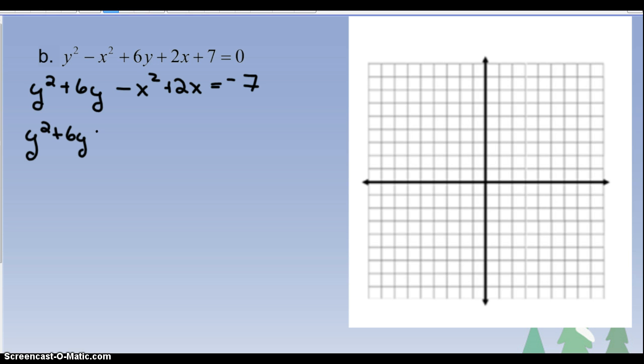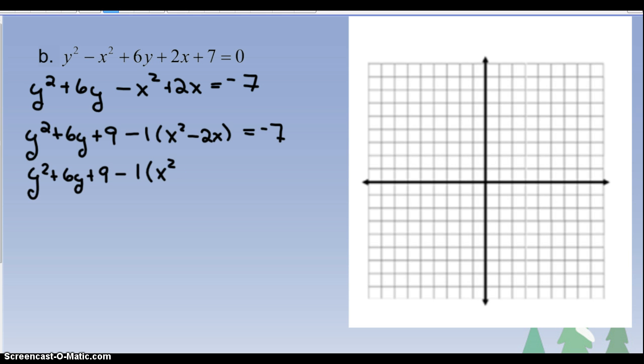Half of 6 is 3. 3 squared is 9. And then over here, we're going to pull out the negative 1 so that we can complete the square. So I have x squared minus 2x equals negative 7.